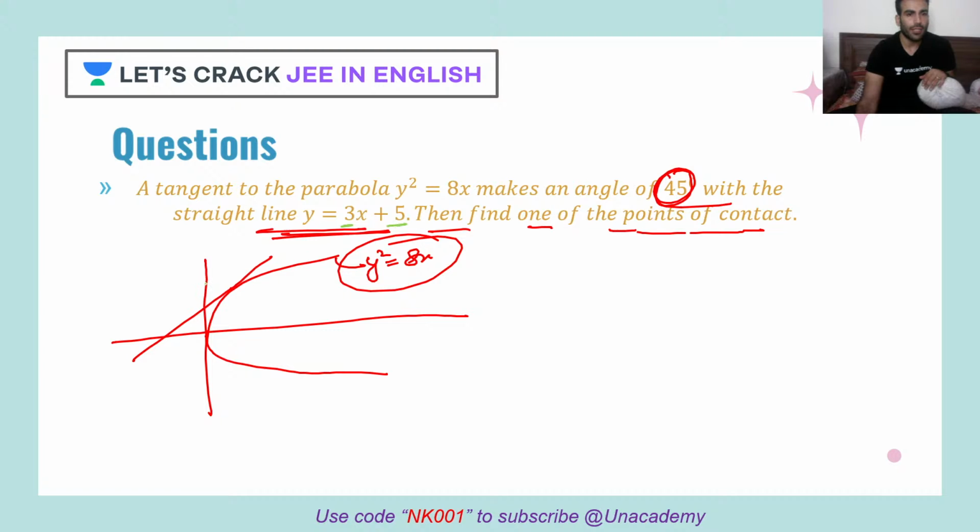So let's say this sort of line is given to you, which is intersecting the tangent here. This angle is 45, it says. Similarly, if you extend this line, there could be another tangent going like this, and when it intersects, that also makes a 45 degree angle. So there could be two tangents making a 45 degree angle with this straight line.